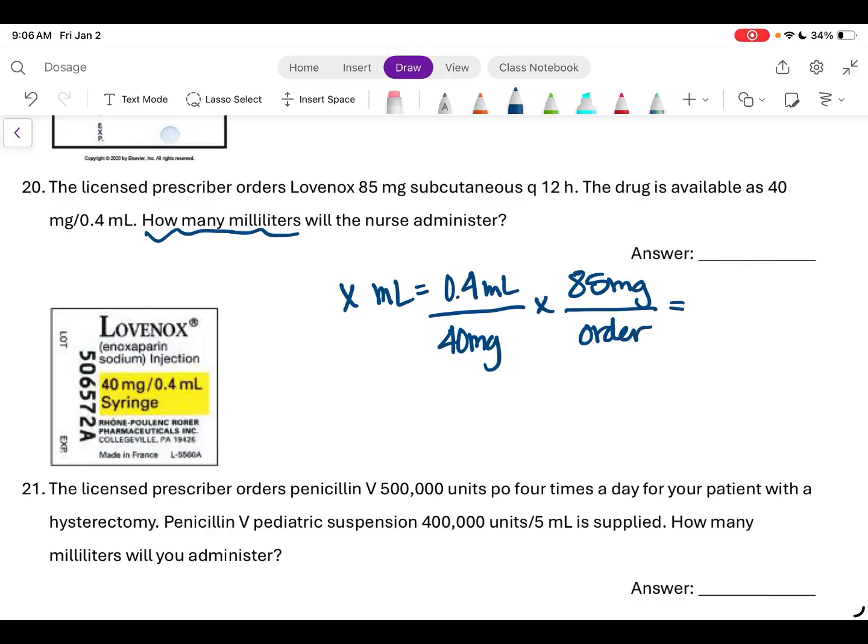So 0.4 multiplied by 85 and then divide by 40. I get 0.85 as my final answer. Again, I did not tell you to round, so leave it like that.